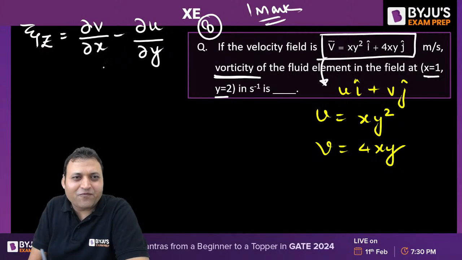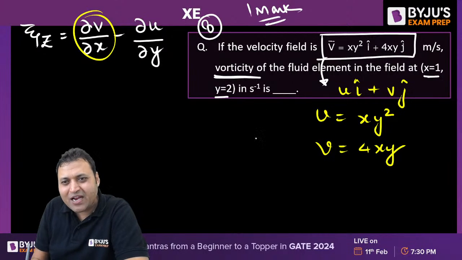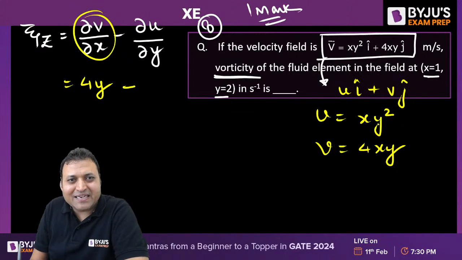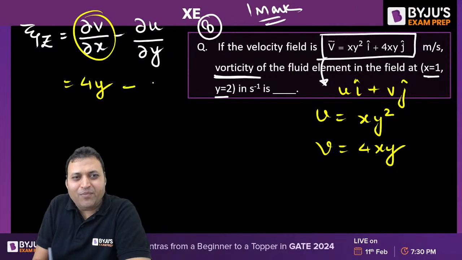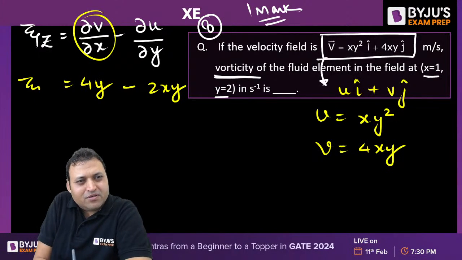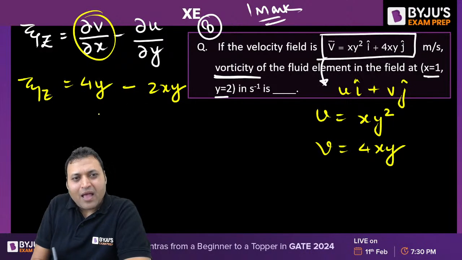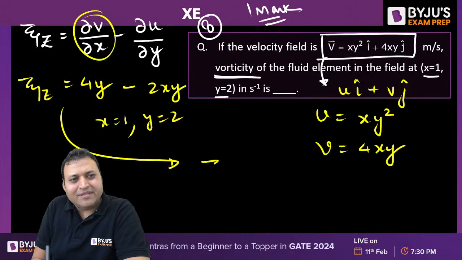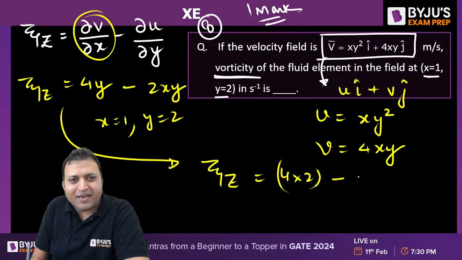So del v by del x is equal to 4y, minus del u by del y which is 2xy, isn't it? And if we put x equal to 1 and y equal to 2, then vorticity is given by 4 into 2 minus 2 into 1 into 2.